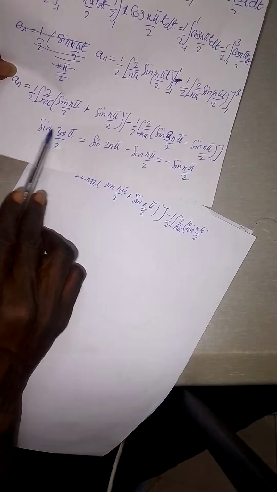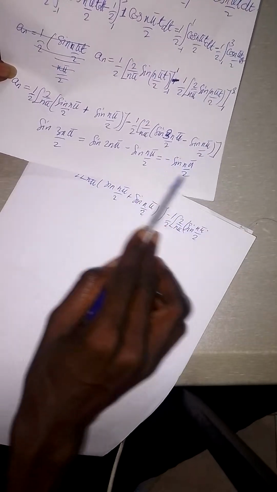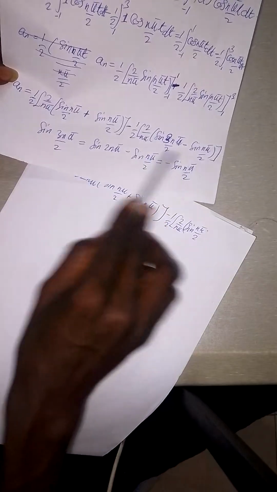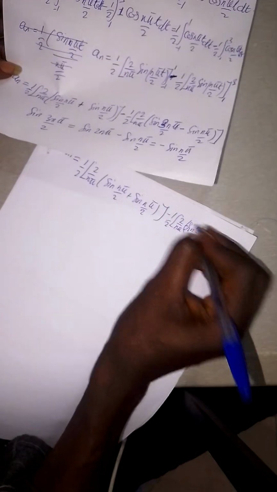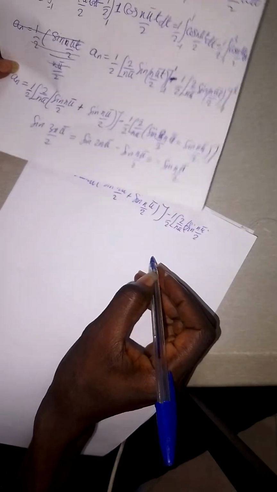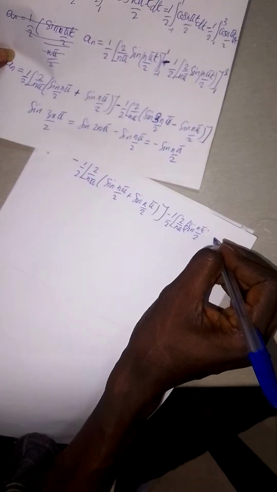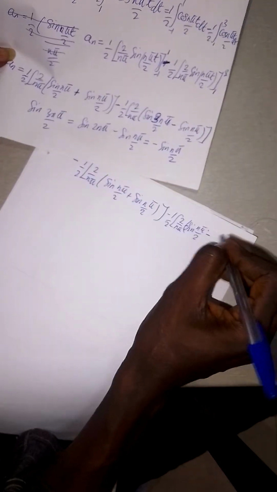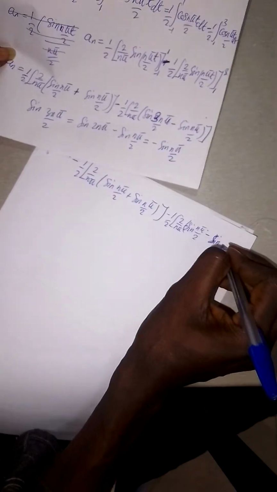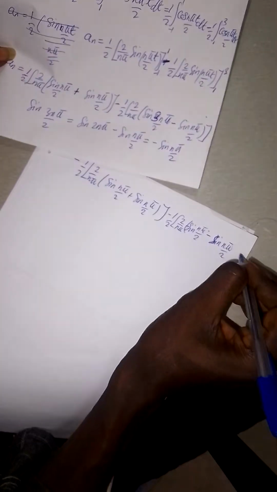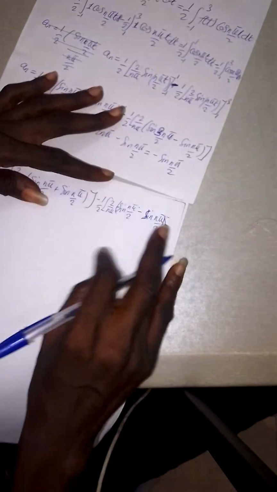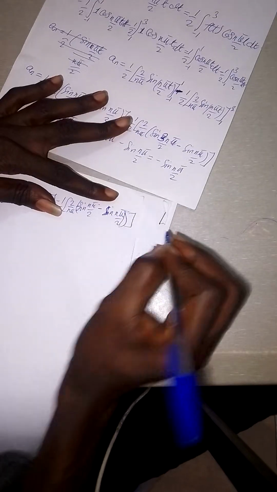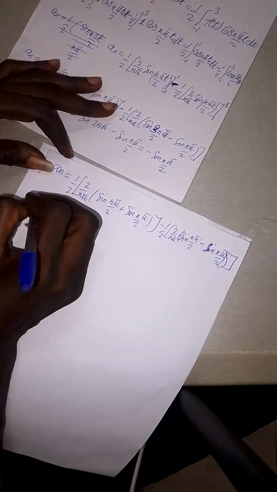So now, instead of writing this one, it's the same thing as this one, so I'll be writing this one. That is what I've written here. So I'll be bringing the minus here, and then I'll bring minus sine n pi over 2. Then I'll close my bracket, and then I'll do it this way. Please, let me write it again so that it will be more clear.